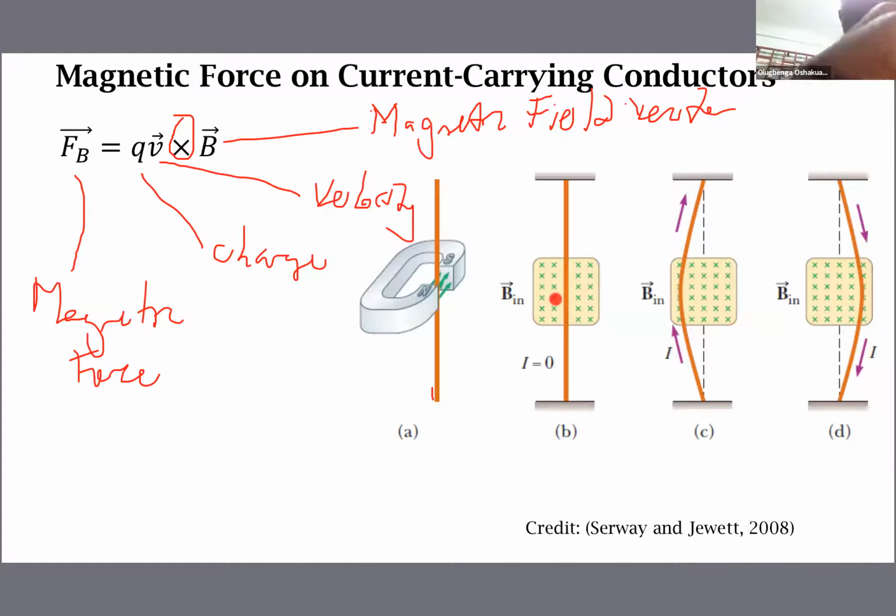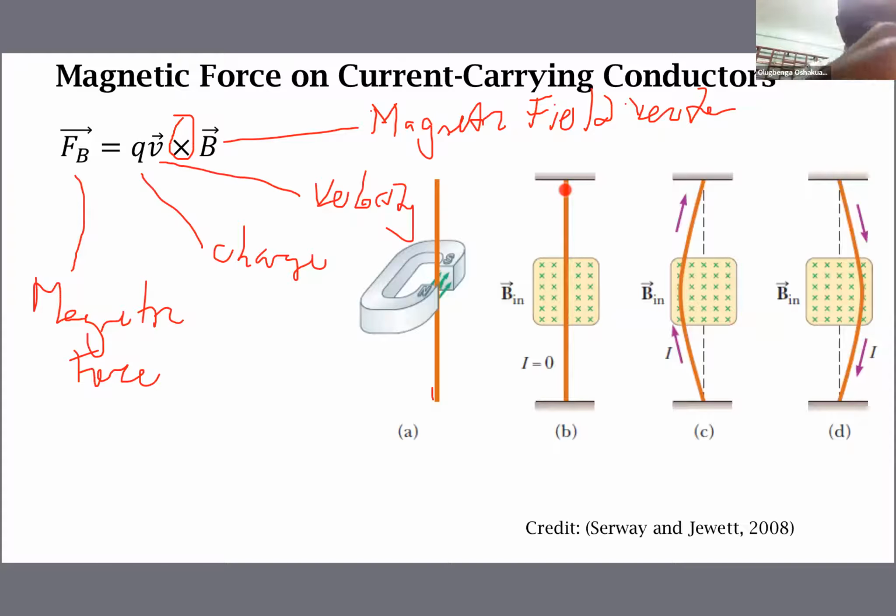So in this scenario, this is a current carrying conductor in the presence of a magnetic field, and the current flow is zero. Since there is no current flow, it is not experiencing any force, even though it is in the magnetic field, since it's not carrying any current, it will not respond to the external magnetic field, B in.